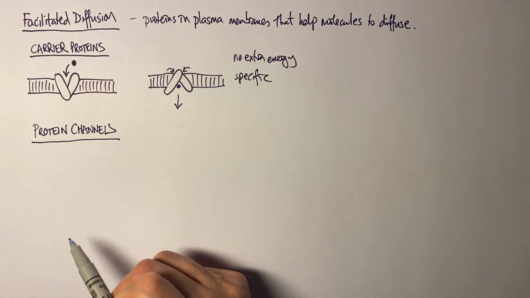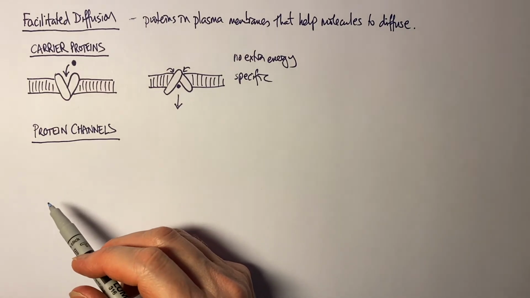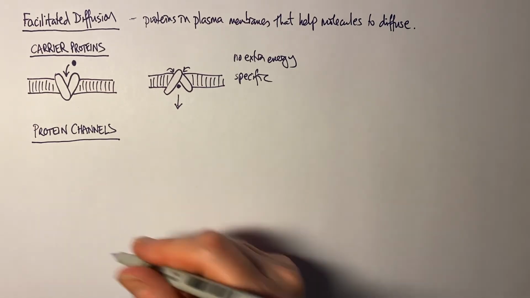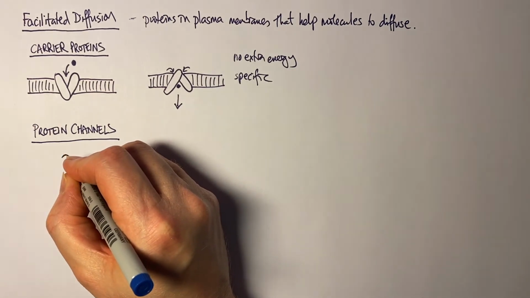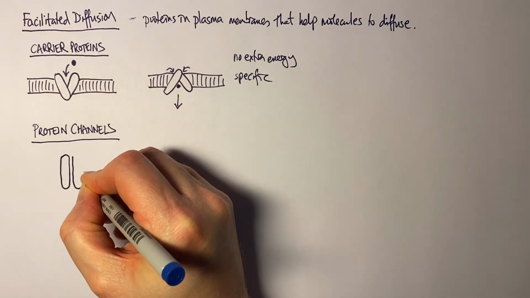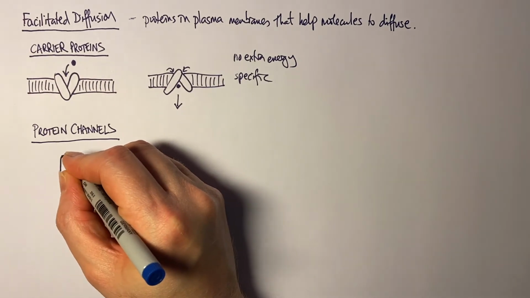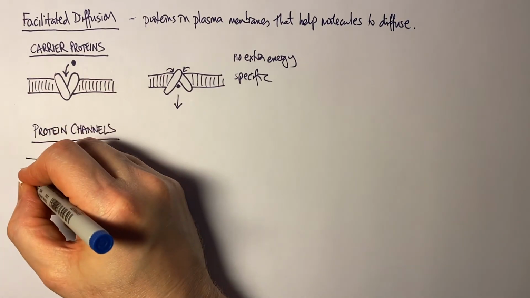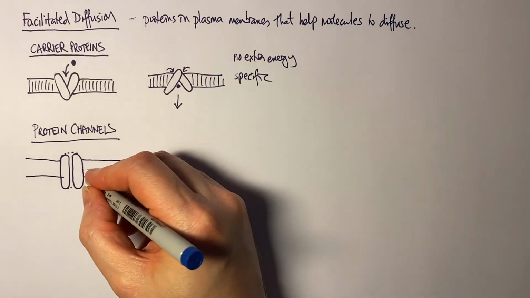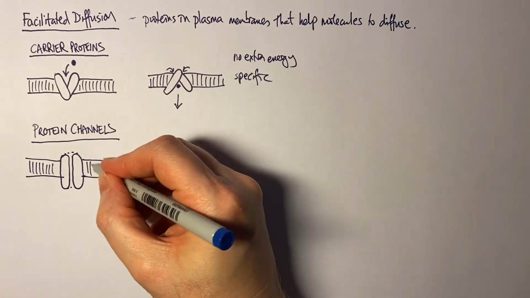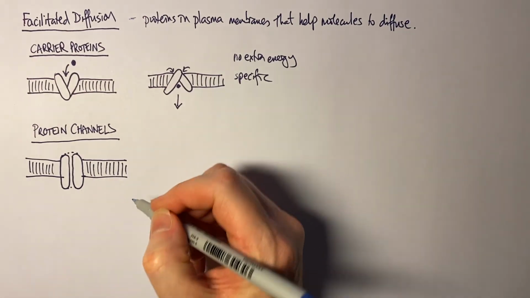Protein channels also are intrinsic proteins, so they span the membrane, and they usually have a channel which is hydrophilic. So if you imagine that's a protein that's spanning that membrane, there's our phospholipid bilayer.